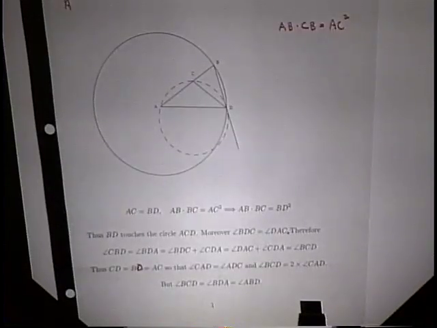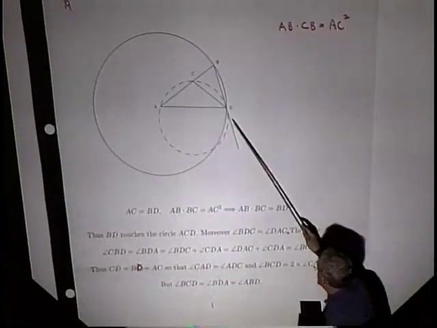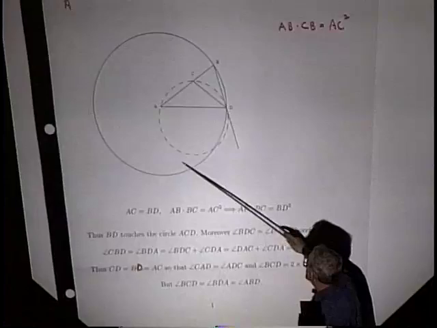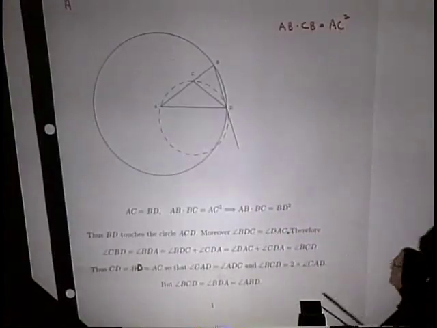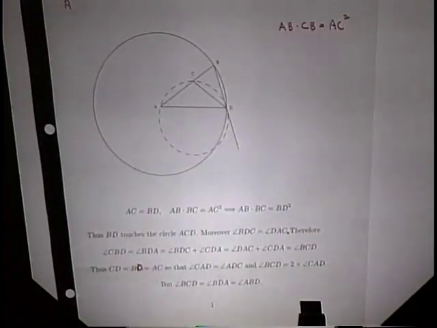Now, this is the proposition about circles that we haven't yet proved. We have a circle, which is this circle. The circle that goes through the points A, C, and D. We haven't constructed it, but it can be constructed.